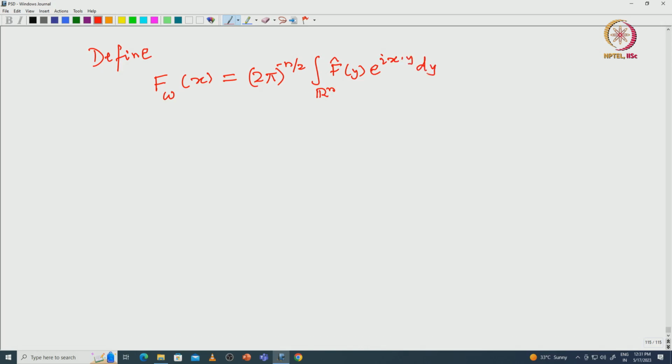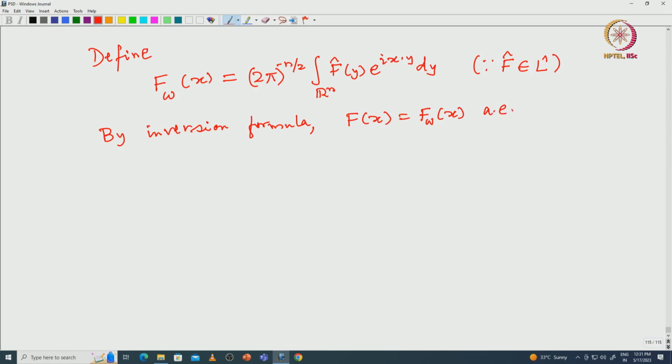This we can do because f cap is in L1. By the inversion formula, which we have already learned, f of x is equal to f omega of x almost everywhere. But this one we know is continuous.